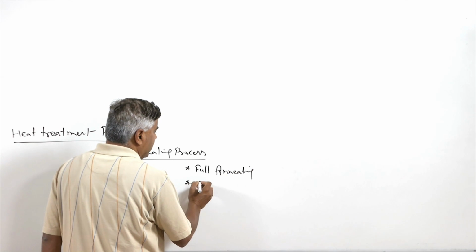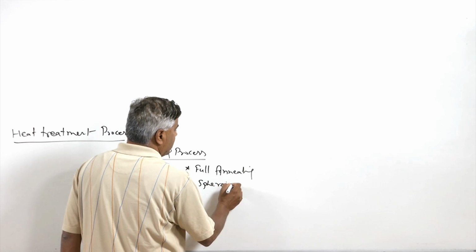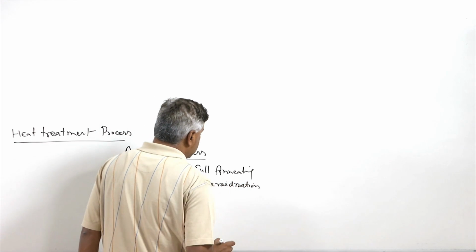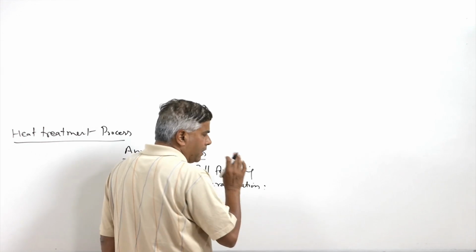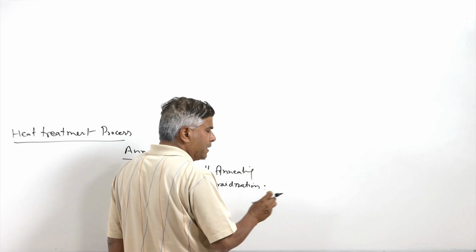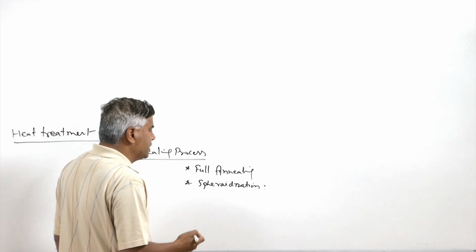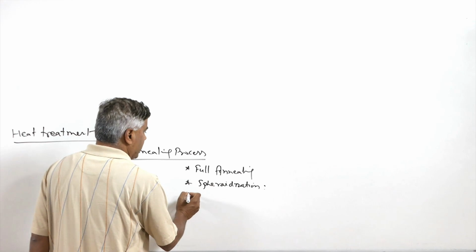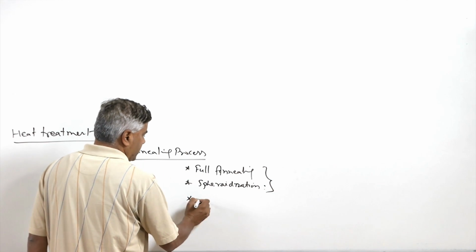And then spheroidizing also softens the steels, especially medium and high carbon steels, and this spheroidization primarily takes place of the iron carbide, which in turn improves the machinability of the steels, apart from increasing ductility and reducing hardness. About these two processes I talked in the last presentation.